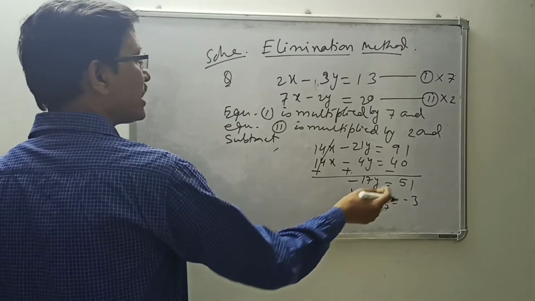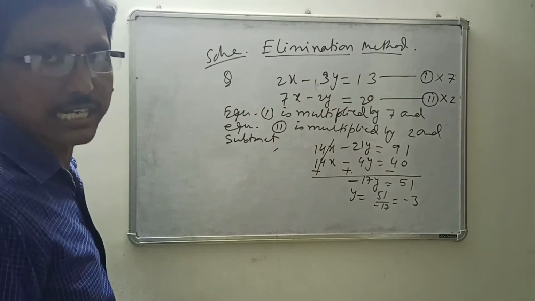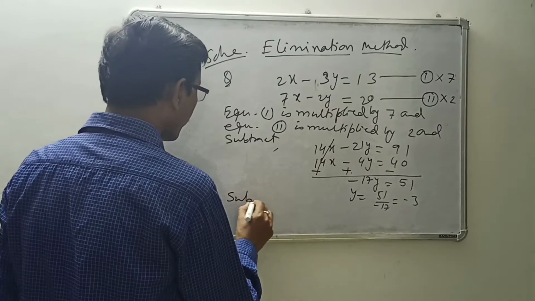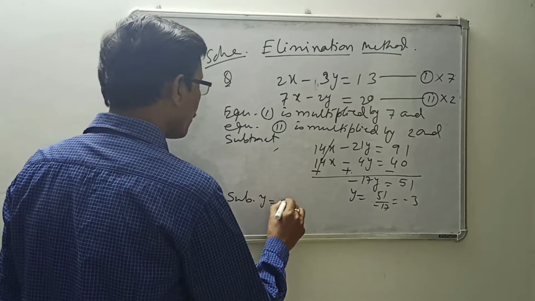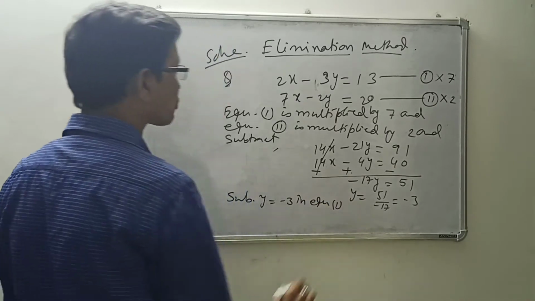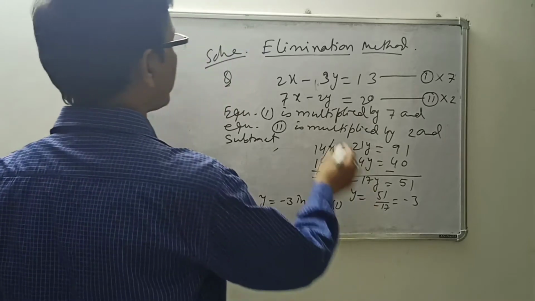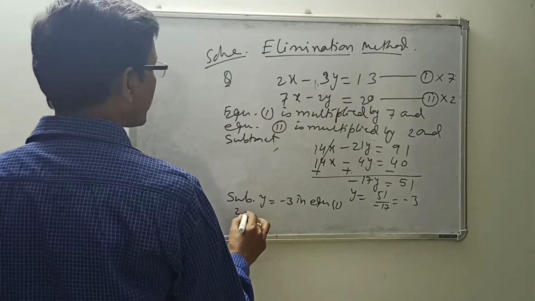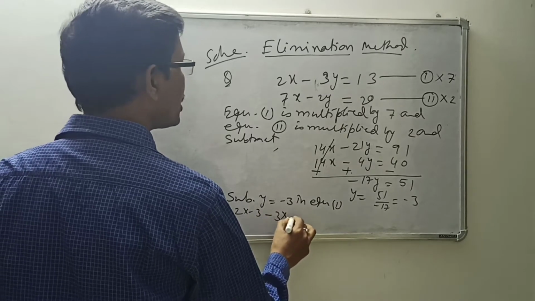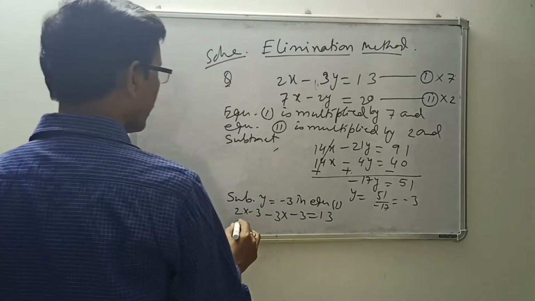Now this minus 3 can be substituted in either equation 1 or 2, whichever you find easier. Suppose I substitute y equal to minus 3 in equation 1: 2x minus 3y equal to 13, so 2x minus 3 times minus 3 equal to 13.